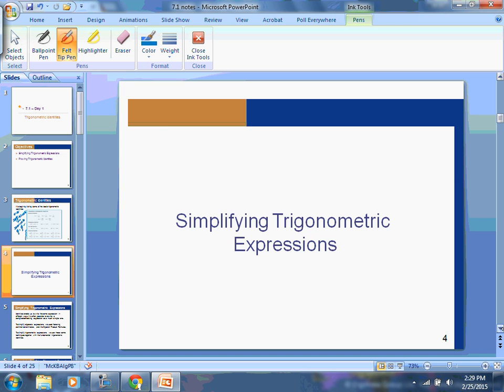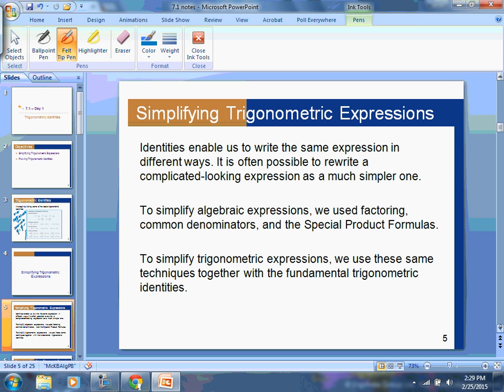But what we're going to do today is simplify trig expressions. Basically, we want to take big, complicated expressions and rewrite them in a much simpler way. We're actually going to use algebraic techniques to do that. We're going to use some of our knowledge of our identities, those reciprocal identities or the Pythagorean identities.